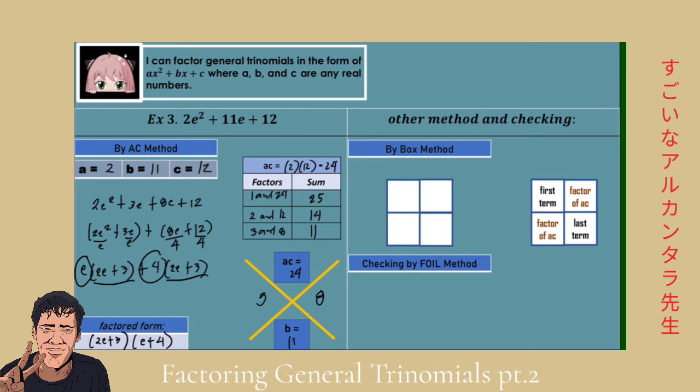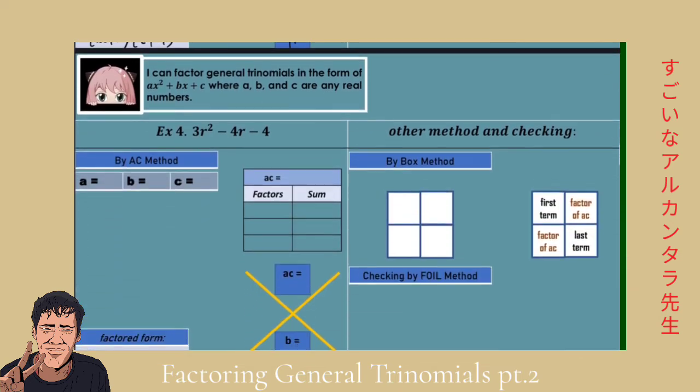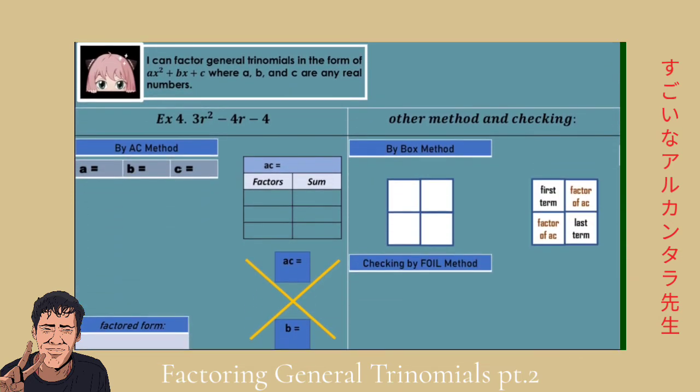Now, let us go with our example number 4, and let's try now the box method. So we have 3r squared minus 4r minus 4. So let's have 3r squared and minus 4 here. 3 times negative 4 will give us negative 12.